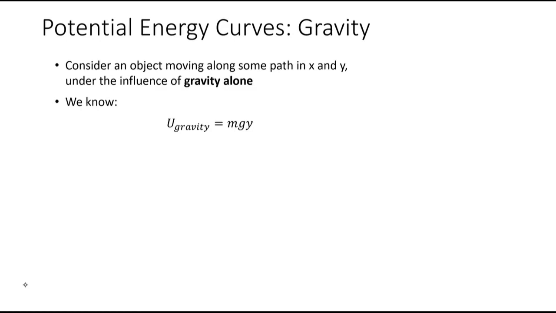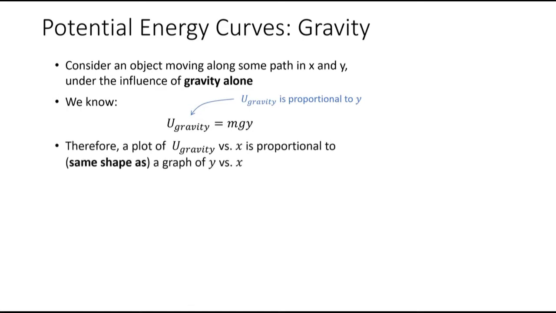We remember that the potential energy due to gravity is equal to mgy, so it's proportional to y. This is important because it tells us that a plot of potential energy versus x is going to have exactly the same shape as a plot of the y position versus the x position, just because gravitational potential energy and y position are proportional to each other.